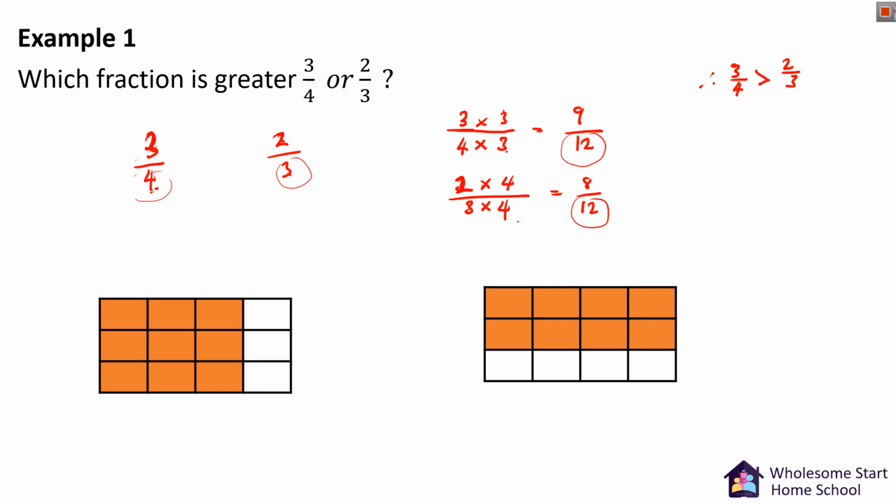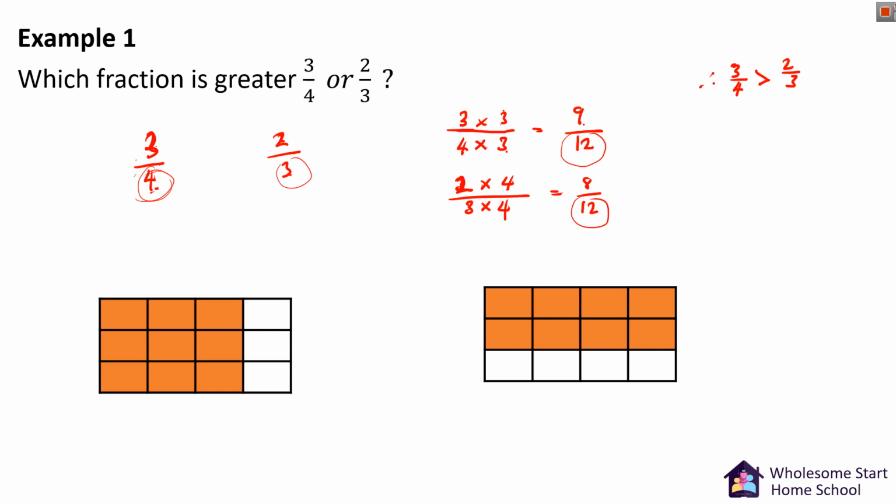And how do we convert them? We multiply both the numerator and denominator of this one by 3 so that we can get 12. 4 times 3 is 12. Now 3 times 4 is also 12. So 2 times 4, we have 8 over 12 and 9 over 12.